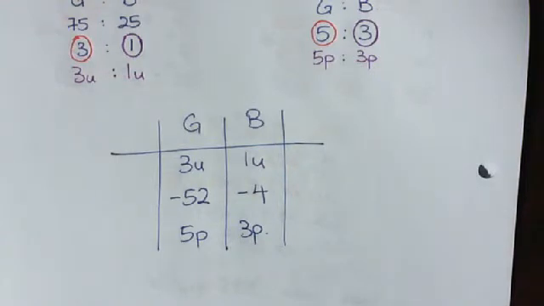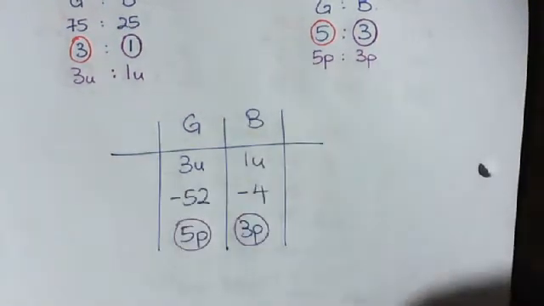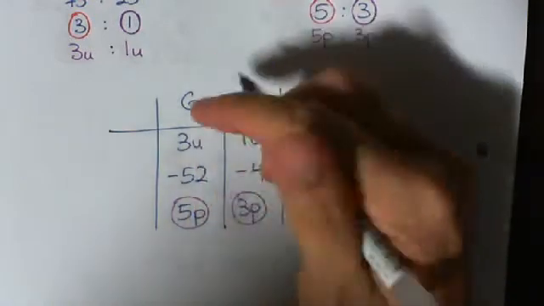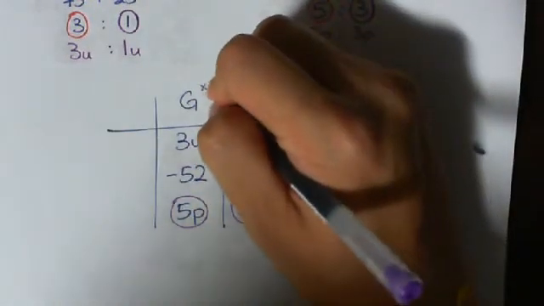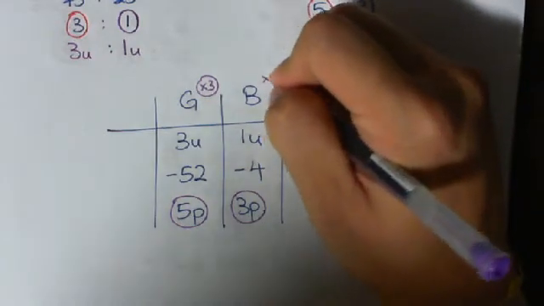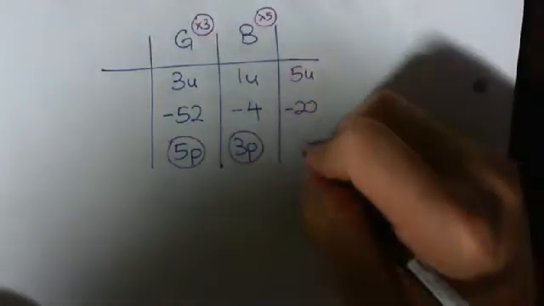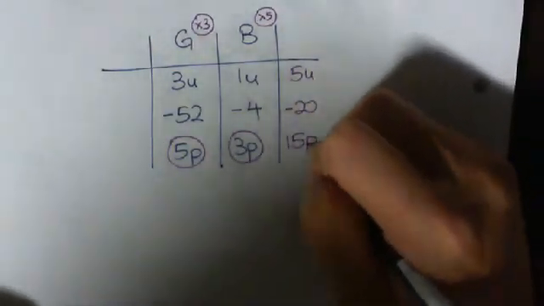We have learned this in class. To make them comparable, what we do is we make the parts the same. So I multiply this whole set by 3 for the girls and this whole set for the boys by 5. What will I get? 5U minus 20 will give me 15p.